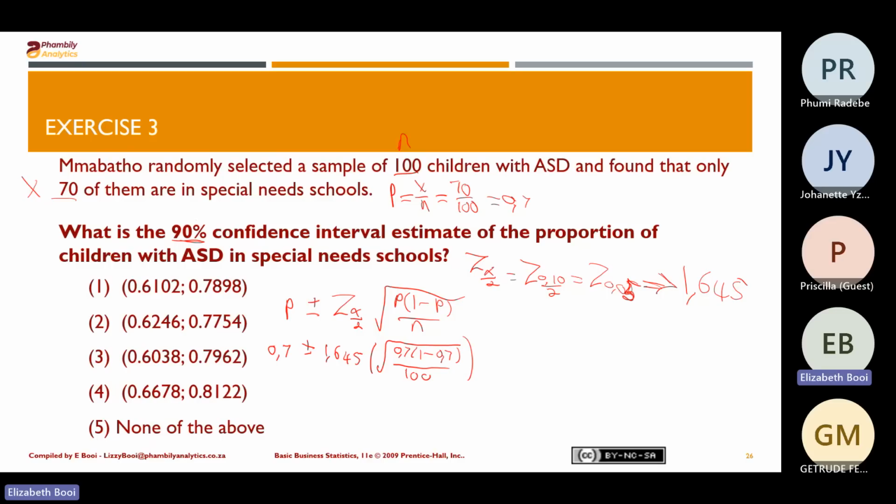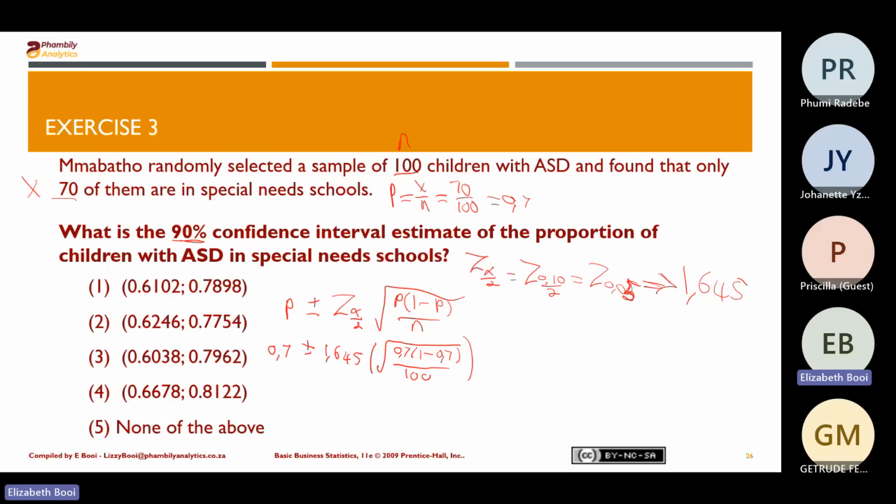Okay, I'm not going to do it bit by bit. I'm going to use my Casio calculator to calculate this. Okay, so 0.7 minus 1.645 times, open bracket, square root, fraction, 0.7 times 1 minus 0.7, close bracket, go down, 100.